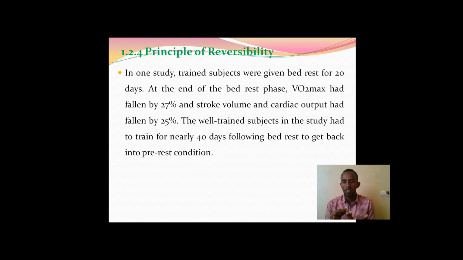The rest had already made them lose one-fourth of their total capacity, and during retraining, athletes will not immediately revert to their normal pre-bed rest condition. It needs nearly 40 days of training to come back to the pre-rest condition, right?